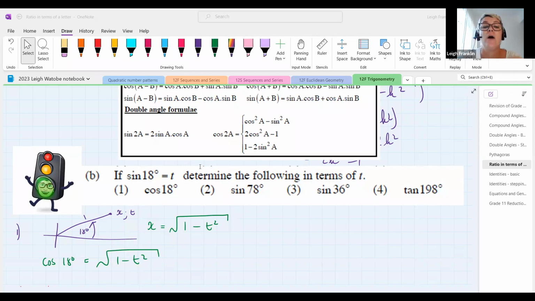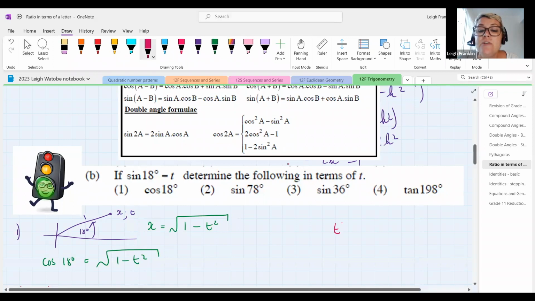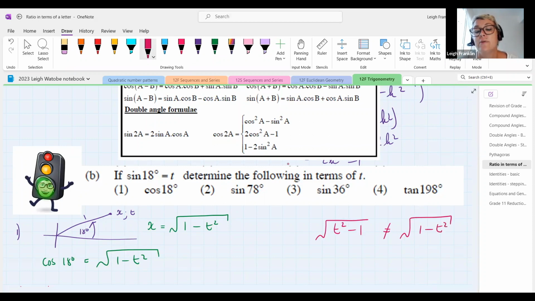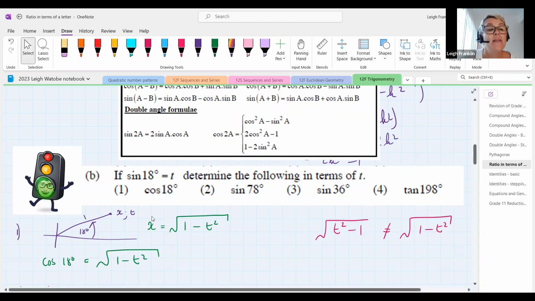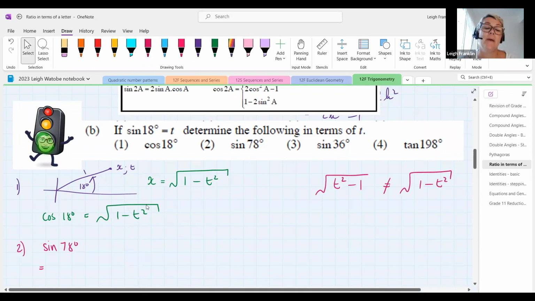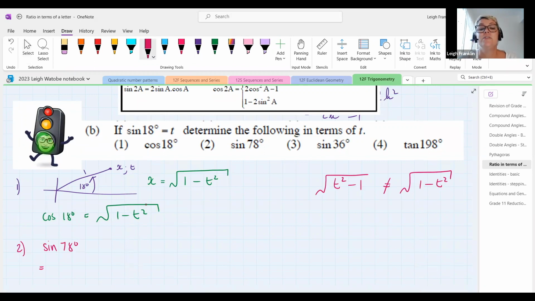Yes, Sharon. So unfortunately, that would be incorrect, because when you subtract, it's like when you divide, the order matters. So t squared minus 1 is not the same as 1 minus t squared. In this case it would have been 1 minus t squared, not t squared minus 1.